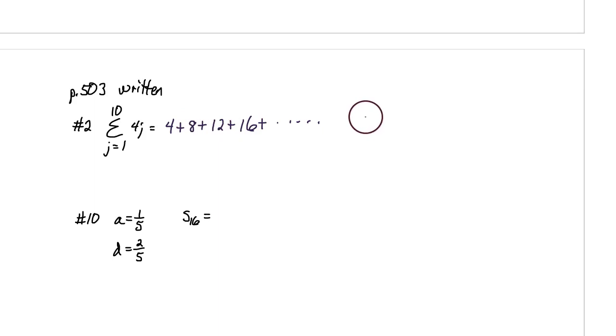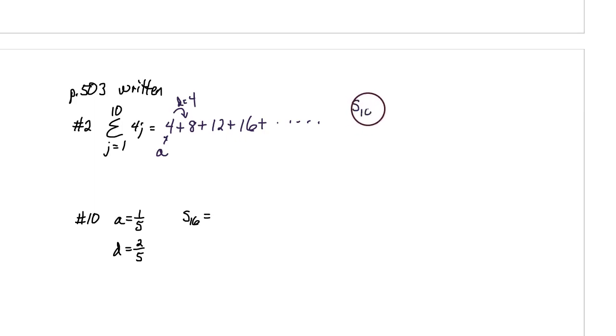Or we could try to do this quicker by using the formula. This is an arithmetic sequence where the first term a is 4 and the value of d is also 4. So let's use our formula for summing an arithmetic sequence.